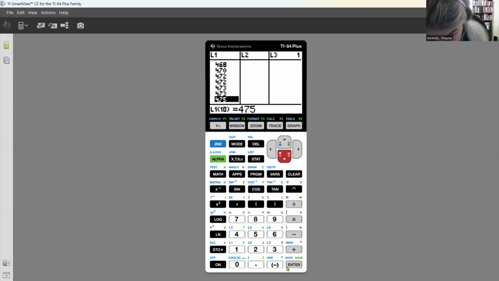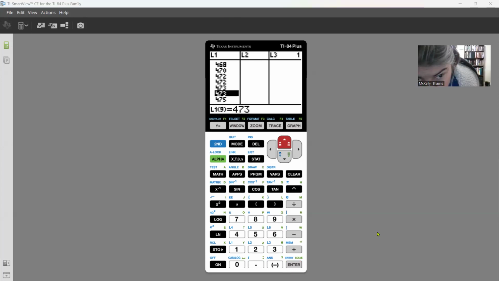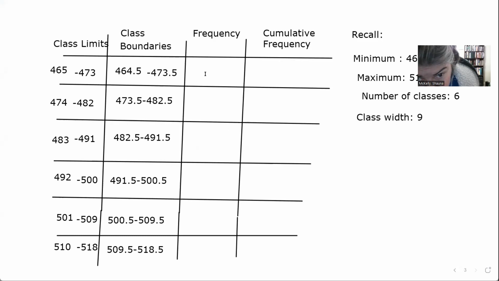So there are 9 elements that go up to 473. So I'm going to say that there are 9 of these. So that's a frequency of 9.